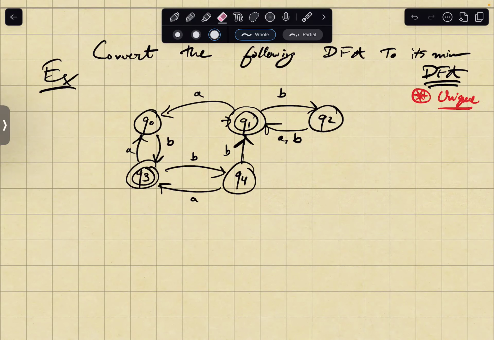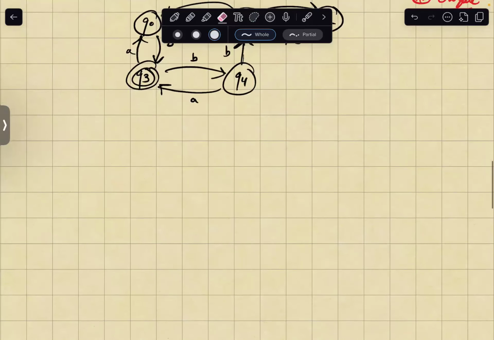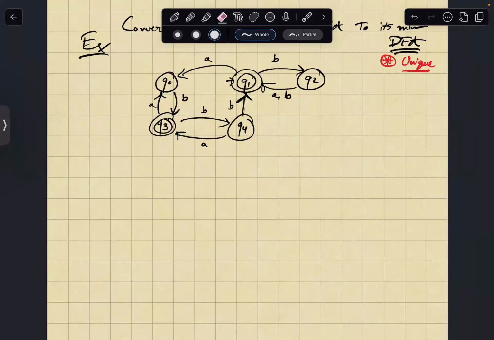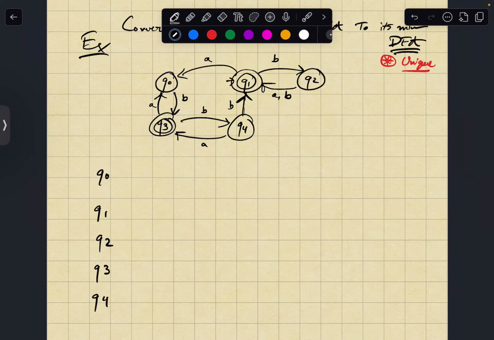The way that we run this algorithm is we create a table. So let's make a table. The table is going to be a 2D table where you have all the pairings of states. So let's list the states: Q0, 1, 2, 3, 4, and then Q0, 1, 2, 3, 4.